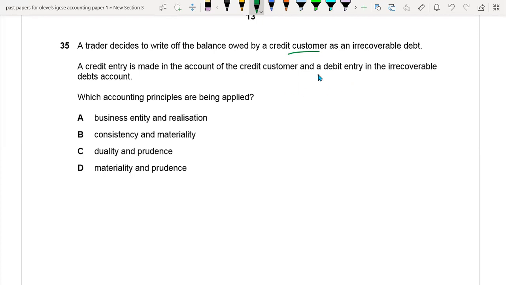So here we are basically following the duality concept, which you can say is the double entry system concept, and number two is prudence.